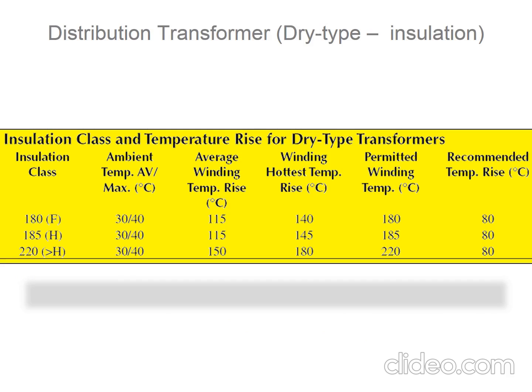For dry type insulation, this is the insulation class. This one is the ambient temperature, this one is the temperature rise, and this one is the hottest spot temperature rise. This is the permitted winding temperature, and this is the recommended temperature rise for dry type.